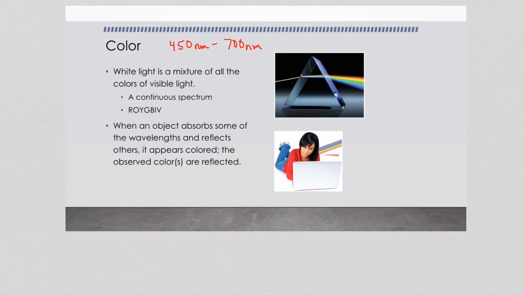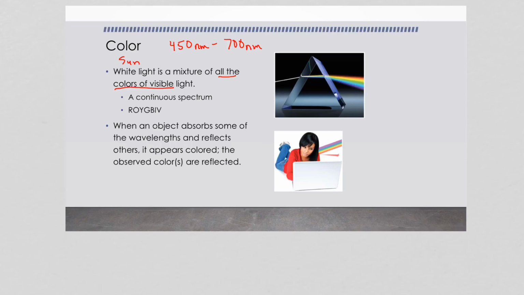So when we see white light coming from, say, the sun or a standard incandescent light bulb, it's a mixture of all the colors of visible light.